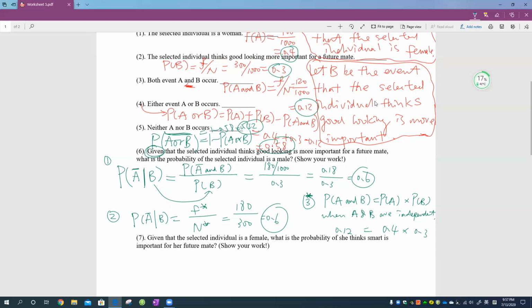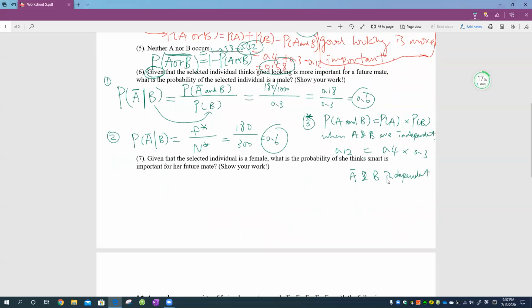If A and B are independent, then A bar and B are independent as well. Then we want to know the probability of A bar given B. A and B are independent, which means conditioning on B does not affect A because they have no relationship.